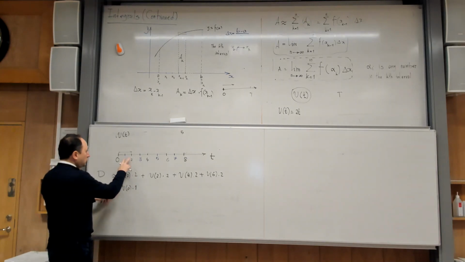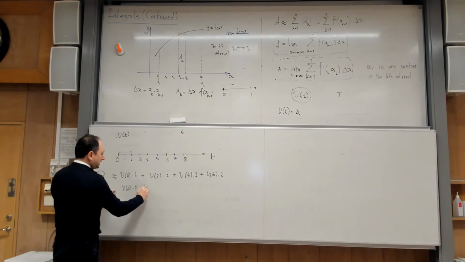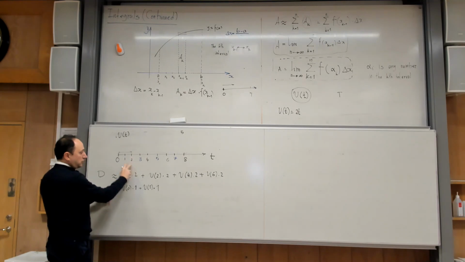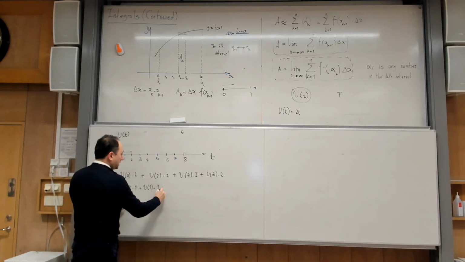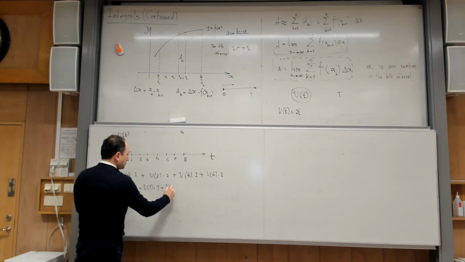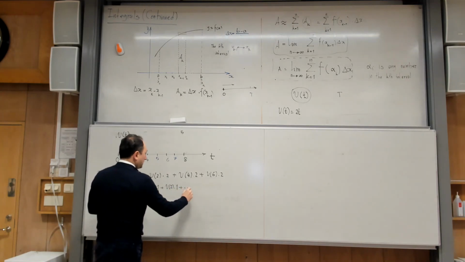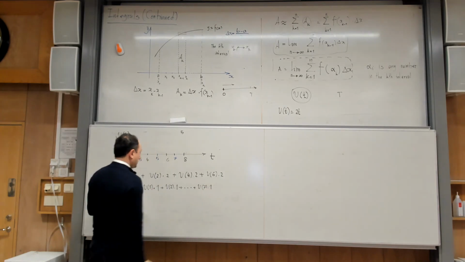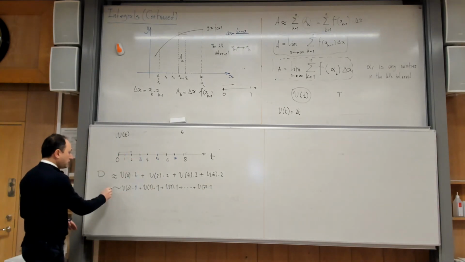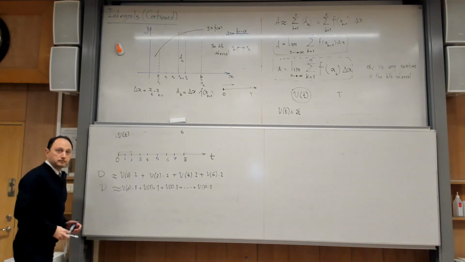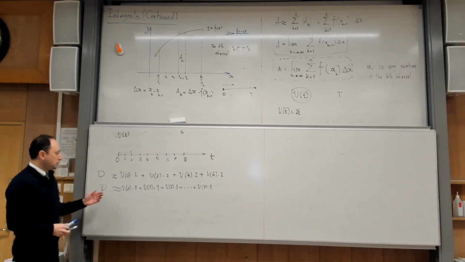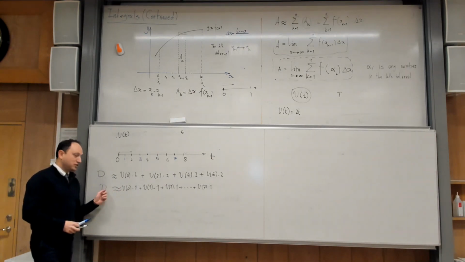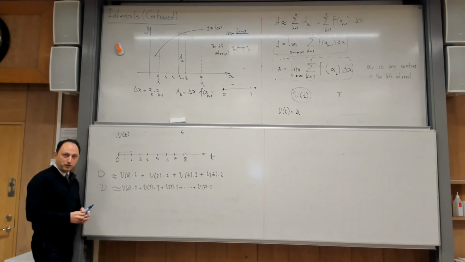And then when I go to the second interval, I calculate the speed at 1 and multiply it by the interval 1. And I do the same thing here: v at 2 multiplied by 1, and then I will continue to v at 7 multiplied by 1. This is also approximately the distance. But I hope that you agree with me that this approximation now is better than the previous one. Do you agree? Yes or no?